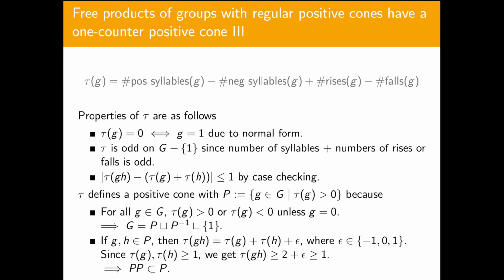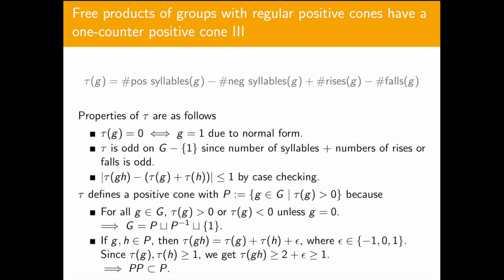Now this function tau defines a positive cone with the elements of G whose tau output is greater than 0. That's because for all g, tau of g is either greater than 0 or smaller than 0, unless g is equal to 1. So that implies that G is partitioned properly.